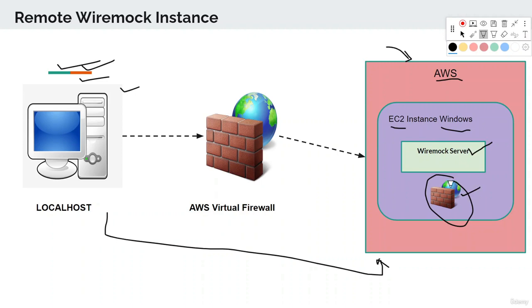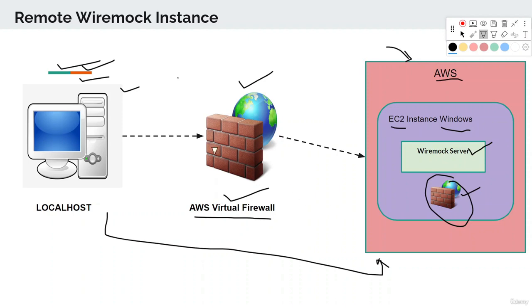Then what is this other firewall here? This is the AWS virtual firewall. This is quite important to understand. Apart from the Windows firewall, AWS also provides its virtual firewall. It allows inbound and outbound traffic, and here you can specify what inbound and outbound traffic is allowed. Let's take an example. It can be RDP traffic, right?